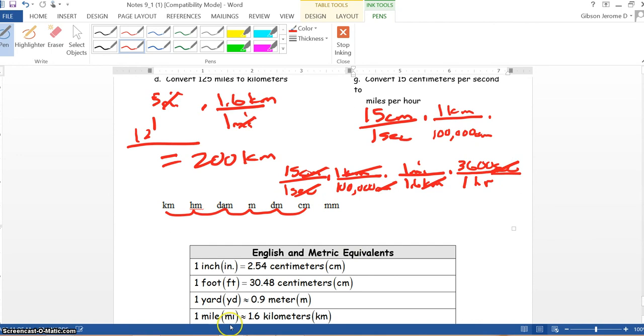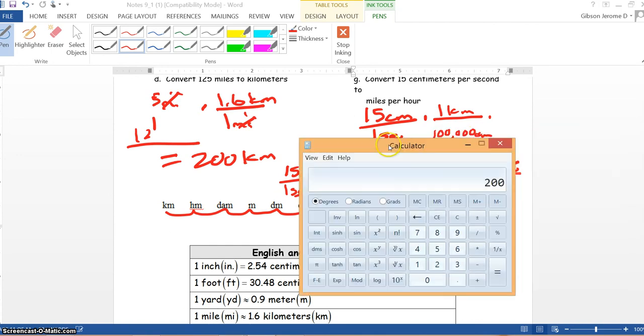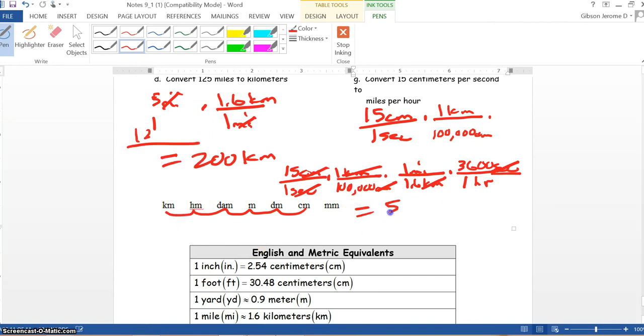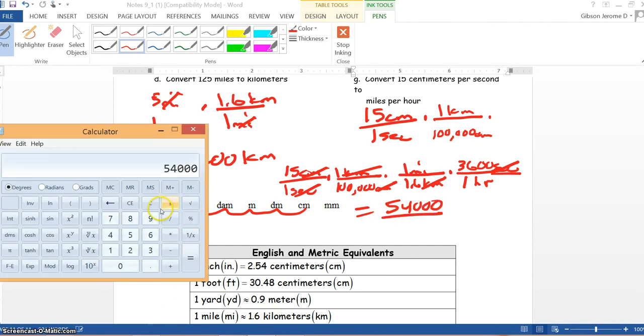So now we multiply. We will have 3,600 times 15, which will give us 54,000. Now that will be our numerator. Now we have to do our denominator.